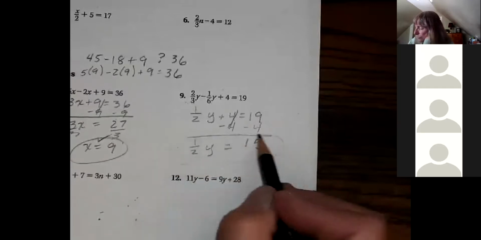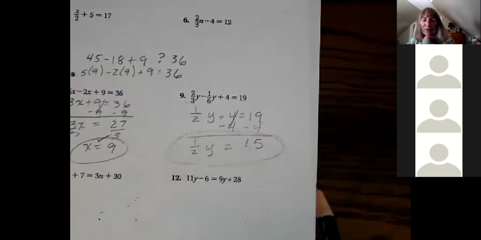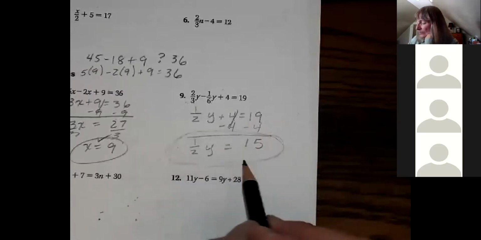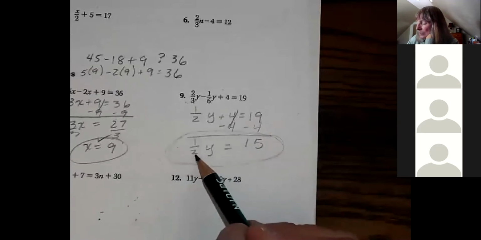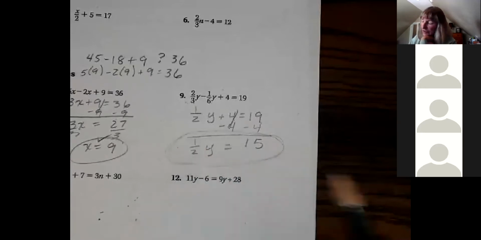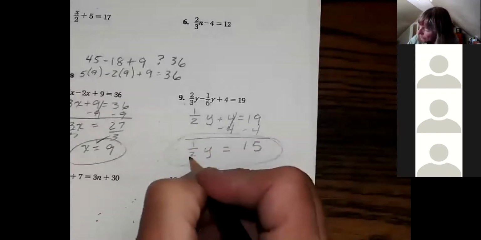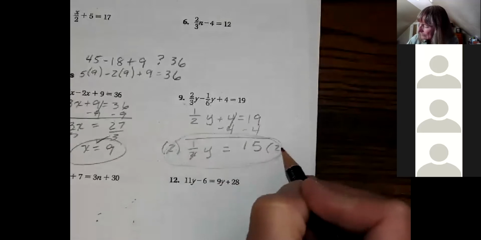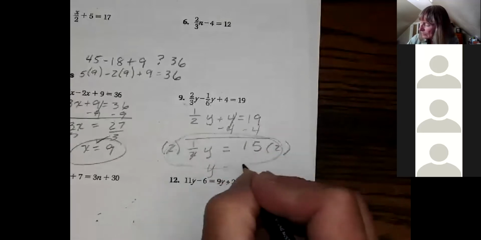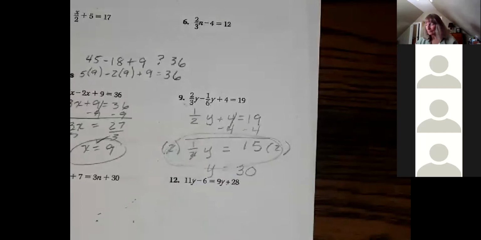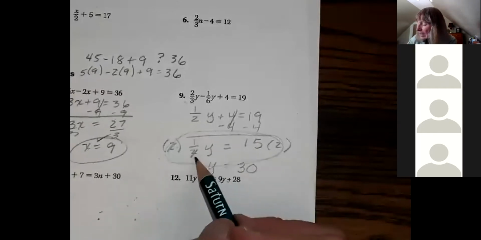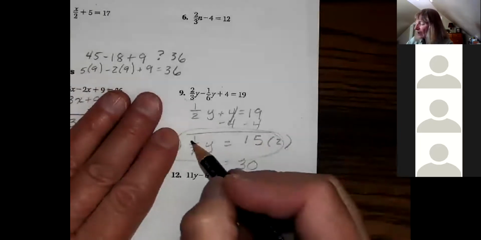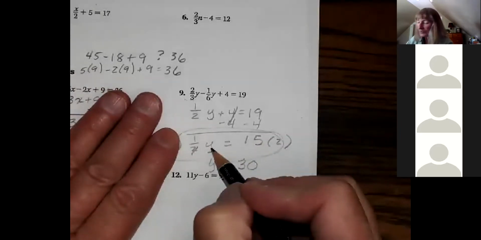This is a great example to really make sense out of what's happening here. So this is division. We want to do the inverse of division, which is multiplication. We're going to multiply by 2. And we get that y equals 30. If we go back to this before we solved it, we're saying that half of a number is 15.